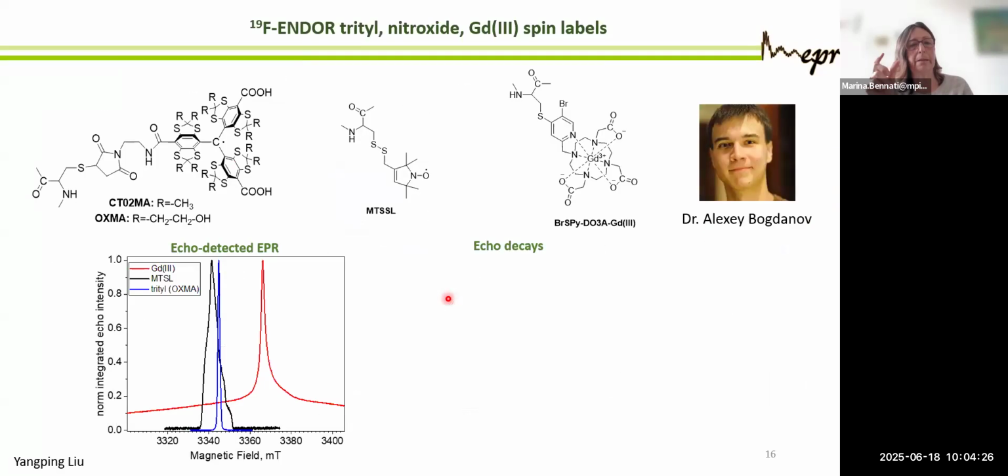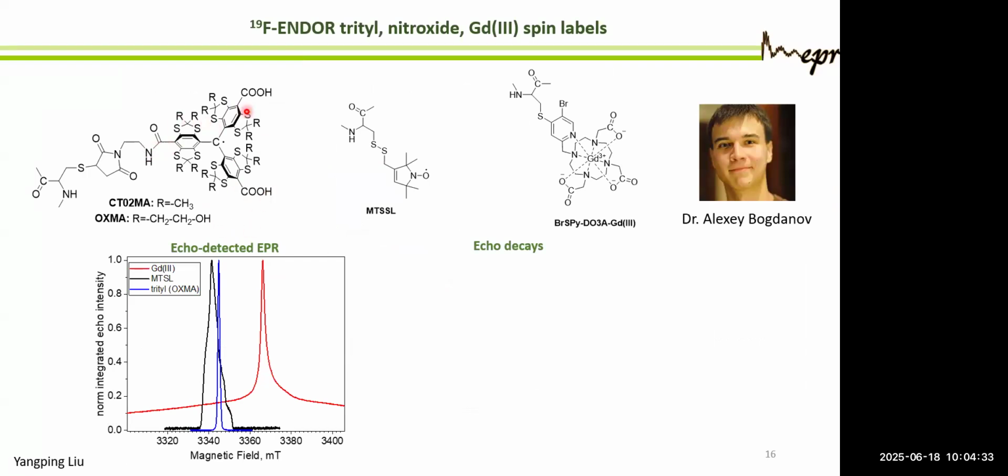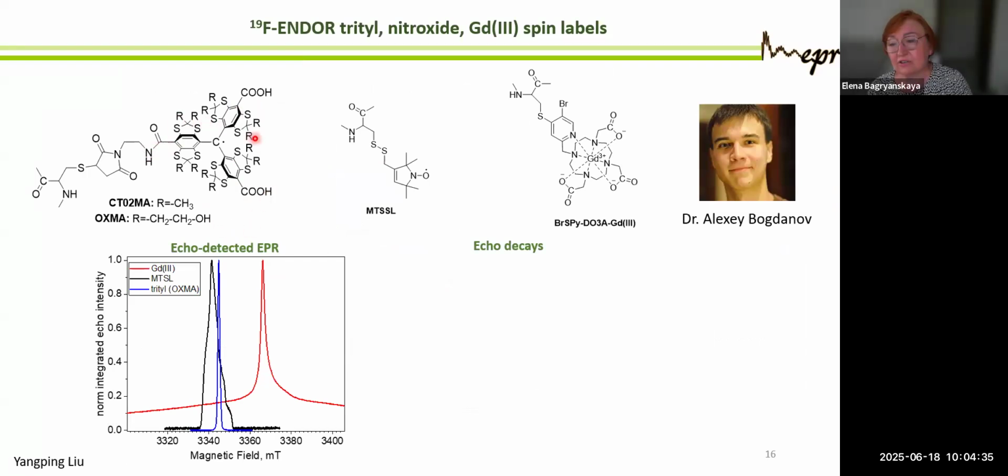Would it be possible to make this tether shorter than this? Yes, one can make it shorter. I was also wondering about electron spin relaxation, because in our case it was longer, and that probably depends on the system where you are working.